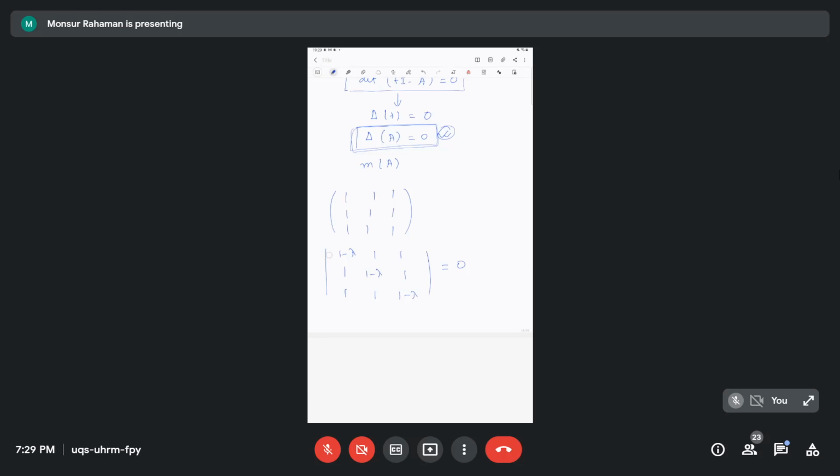इसको कैलकुलेट करना थोड़ा सा हार्ड होगा. ओके, लेकिन इफ यू consider eigenvector, means you have to consider something for which you will have it written.